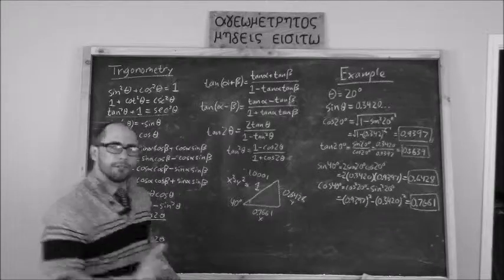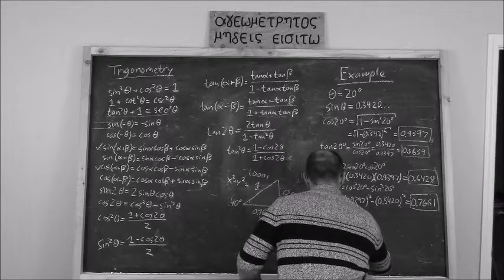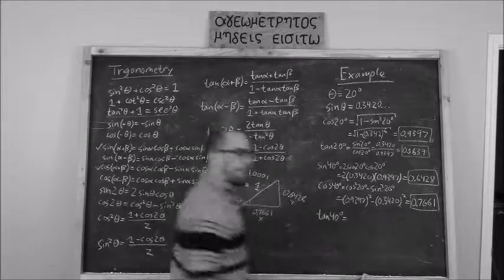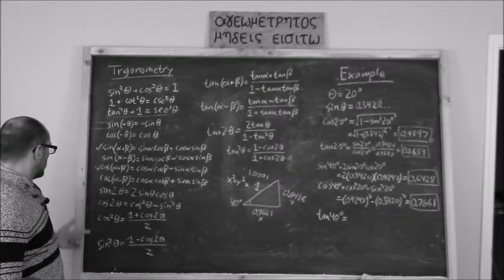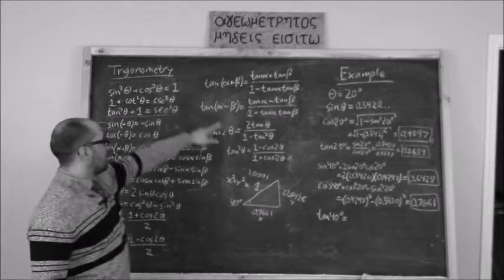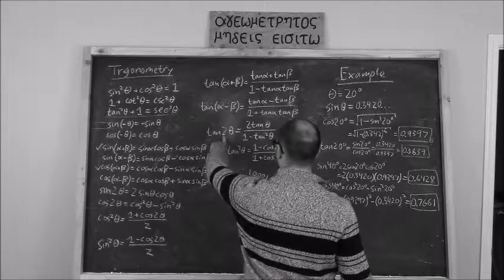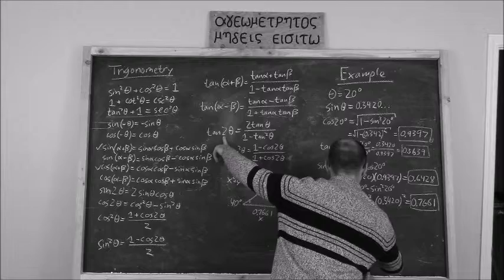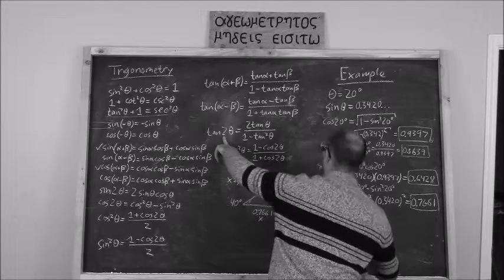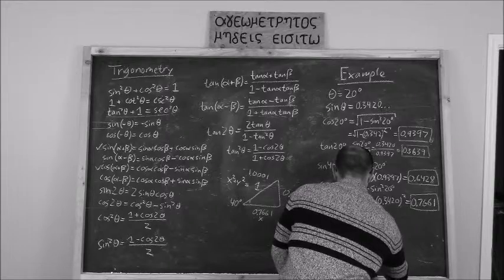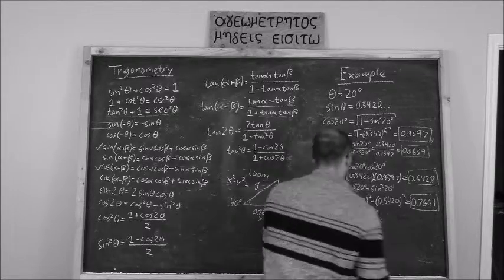Now for tangent of 40 degrees. Well, how are we going to do that? How about the double angle identity for tangent? So that's going to be 2 times tangent of 20 degrees over 1 minus tangent squared of 20 degrees.